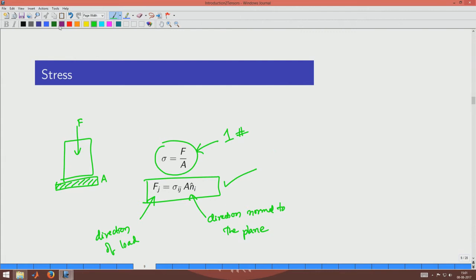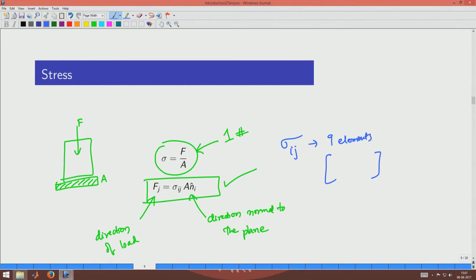So, technically we say that stress should have 9 elements and it is a matrix of 9 elements, and it is a tensor of order 2, because there are two directions we are talking about. Okay. So, this is the first quantity in engineering which is of a tensorial order higher than 1, which we will be using very frequently.